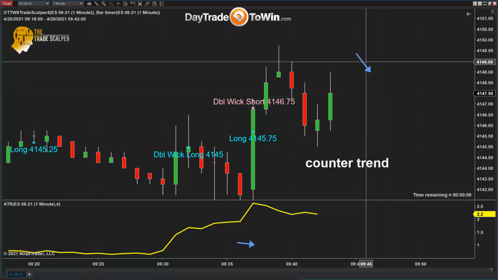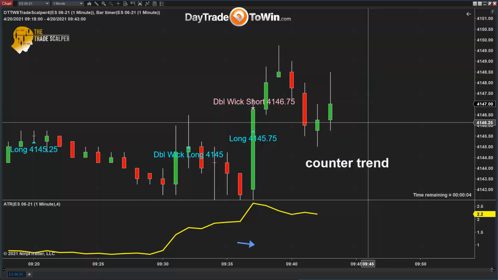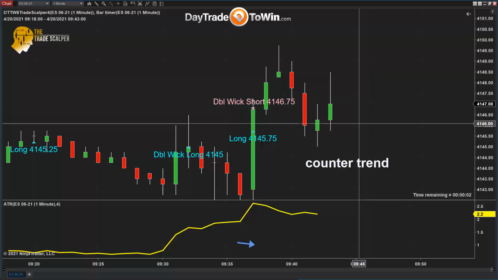We have a couple of methods that are counter trend. The X5 is counter trend, the roadmap is counter trend, the blueprint is counter trend. Counter trend methods are basically going against the overall current move or the trend. Now you have to be careful with counter trends.